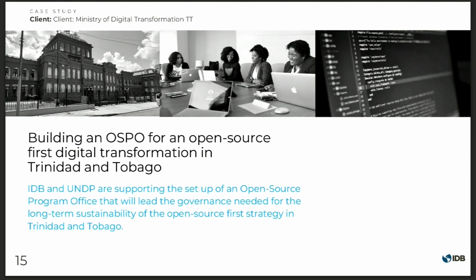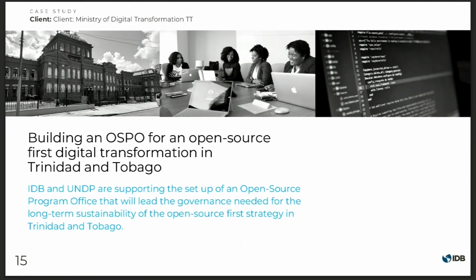And having an open source first digital transformation is really going to have an impact on the local tech ecosystem of Caribbean countries. And this is why, together with UNDP, Michael is here somewhere, we're helping the Ministry of Digital Transformation to build an open source program office, which will have a shared governance with the University of West Indies. And Dr. Kim is also here, an amazing partner for us and for the Ministry of Digital Transformation of Trinidad and Tobago.